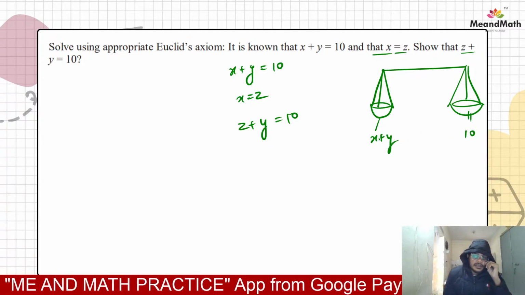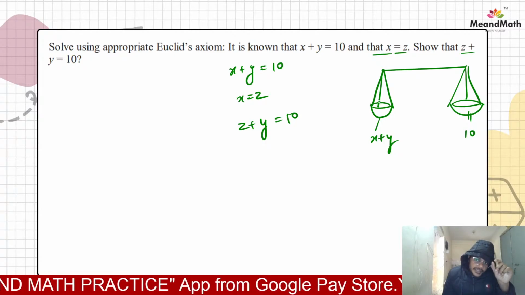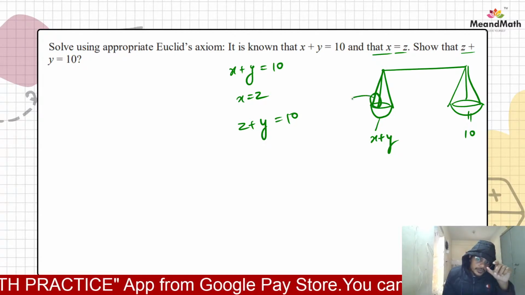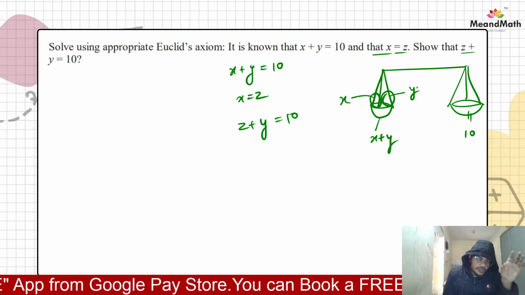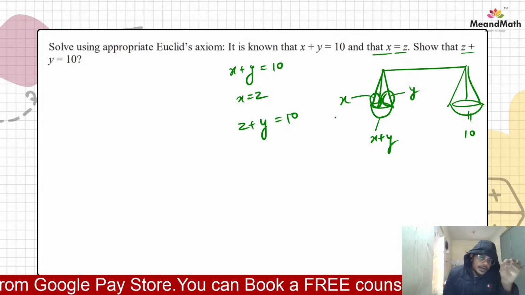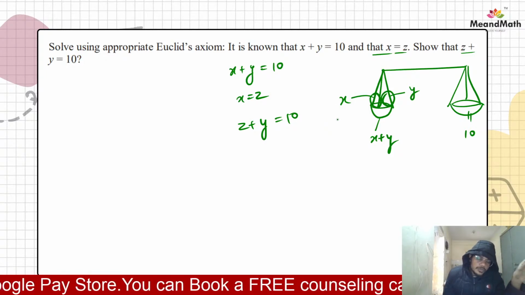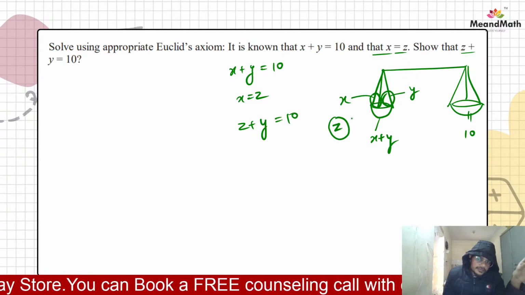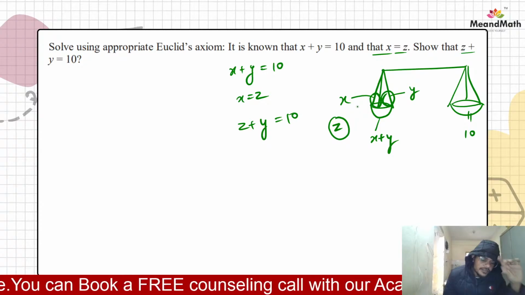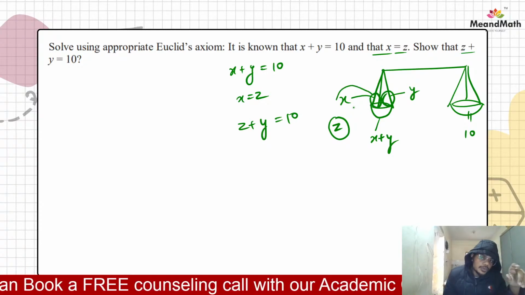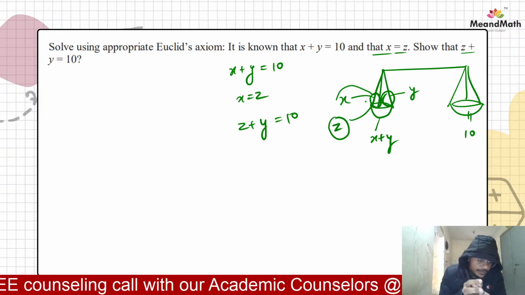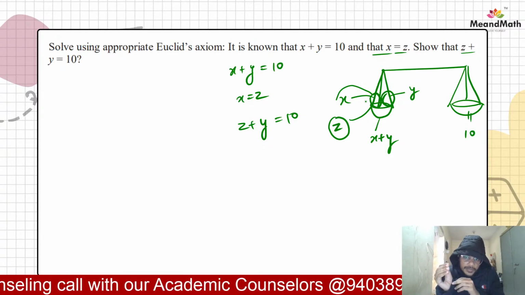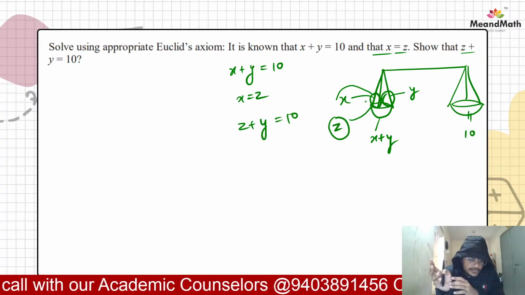Let's say here one ball is for x weight and the other ball is for y weight. Now I know that there is one other ball that is of z weight. If I replace this x ball with this z ball, will this make any difference?